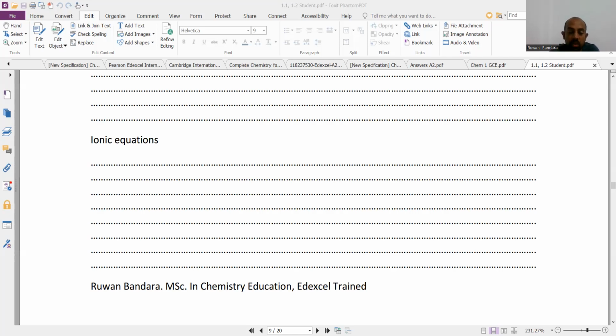Right. Steps of writing an ionic equation. Number one, write the full balanced equation with state symbols.